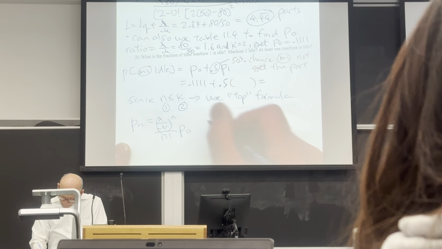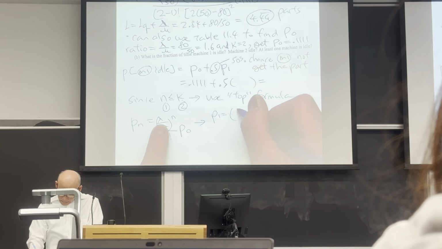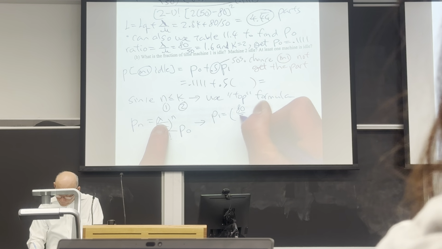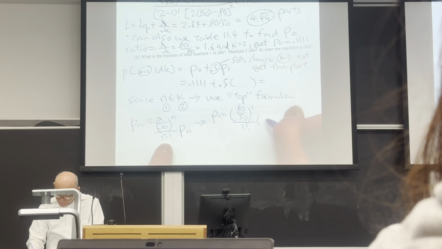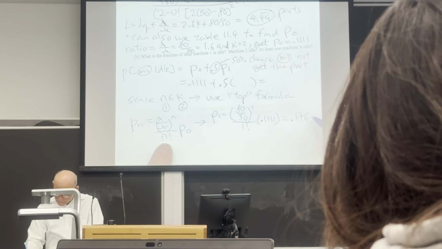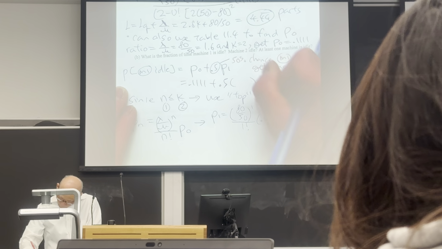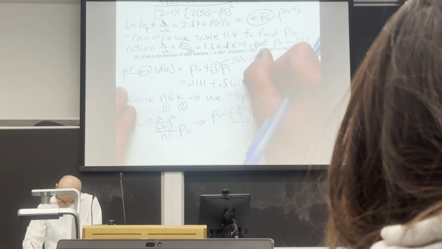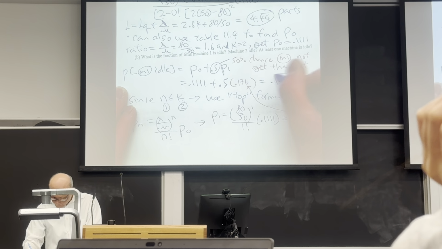Okay, and so we calculate P1. Lambda over mu, so 80 over 50, to the power of 1 over 1 factorial, times P0, which is 0.1111. And so we get 0.176. So the probability works out to be 0.198.